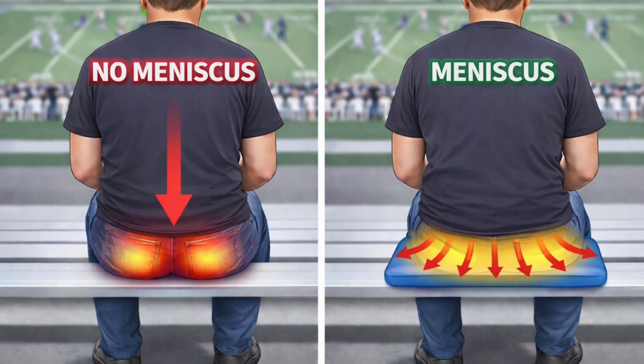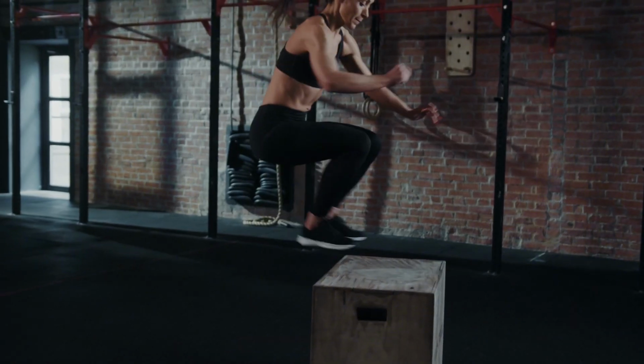So instead of having that immediate or focal pressure on your sitting bones or muscles, what the meniscus does, similar to that cushion, is distribute forces or pressure away from one spot. So when we land, jump, cut, all these different higher level movements, the meniscus's job is to help disperse that pressure to even it out throughout the knee, so you're not having one spot on the knee that's getting all of that load.